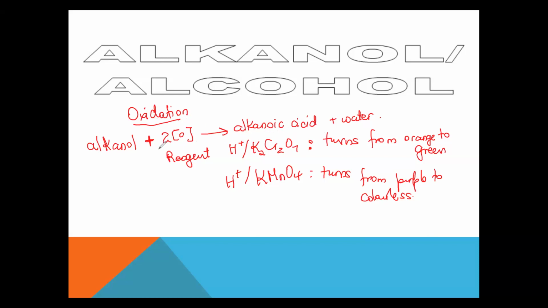In oxidation, we can use acidified potassium dichromate, and if we use it, we observe that dichromate moves from orange to green. We can also use the oxidizing agent potassium permanganate, and potassium permanganate turns from purple to colorless. Clear?